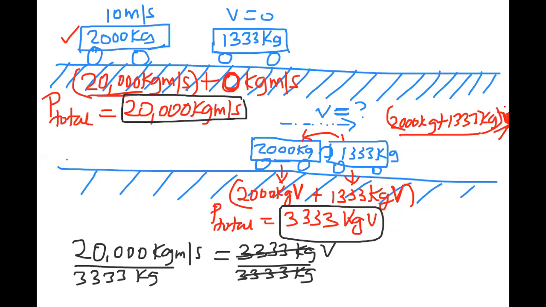This and that, how much would that be? Let me see if I have a calculator here. But I believe this is 20,000 divided by 3,333. So let me get my calculator quickly and see what I get.